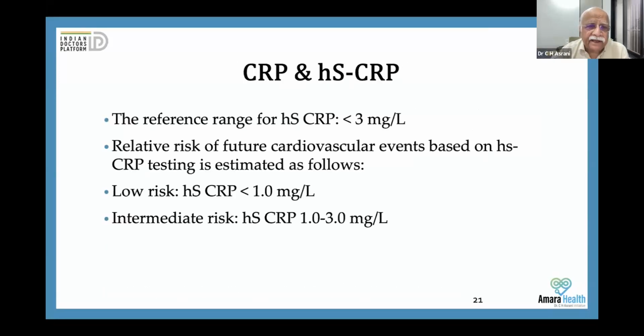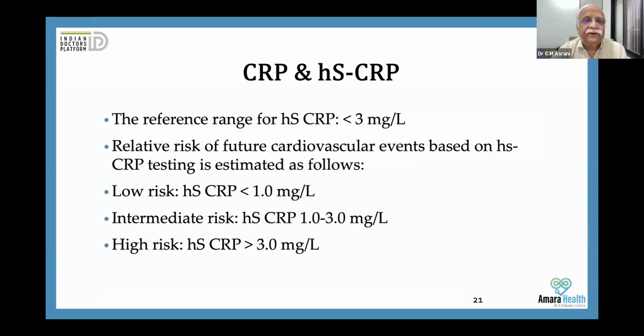I'll tell you why CRP goes up. Coronary artery disease means atheromatous plaques inside the coronary arteries. When these atheromatous plaques are formed, that causes inflammation in the arterial walls.